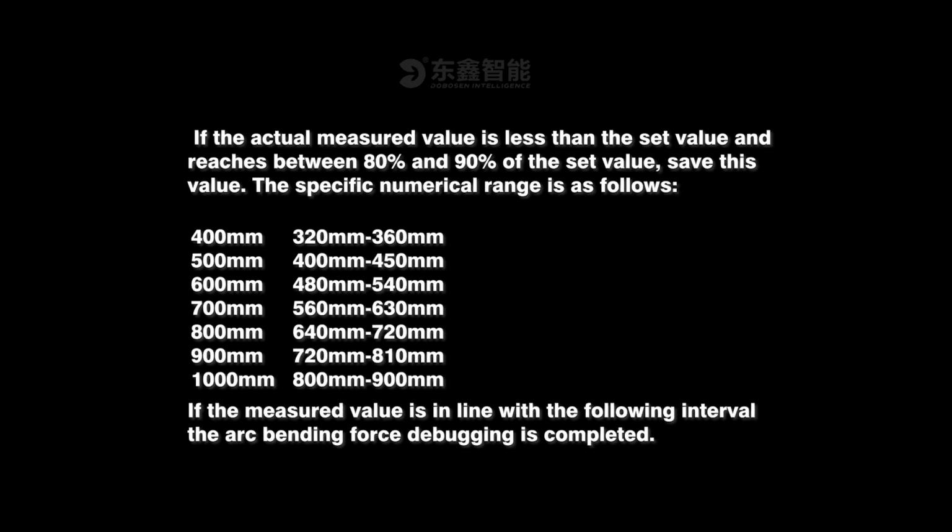If the actual measured value is less than the set value and reaches between 80% and 90% of the set value, save this value. The specific numerical range is as follows. If the measured value is in line with the following interval, the arc bending force debugging is completed.